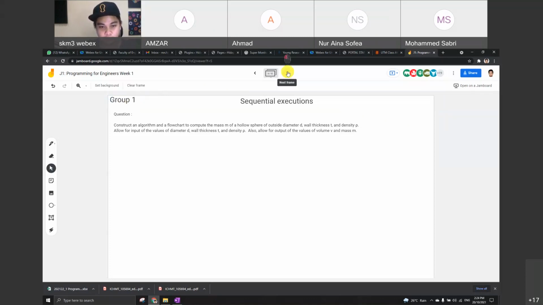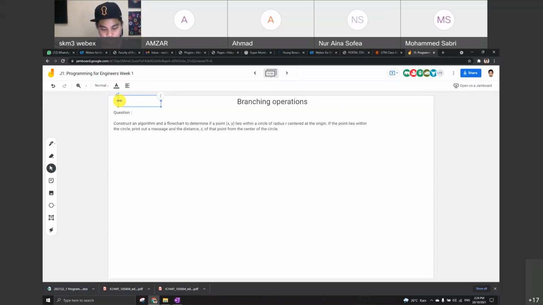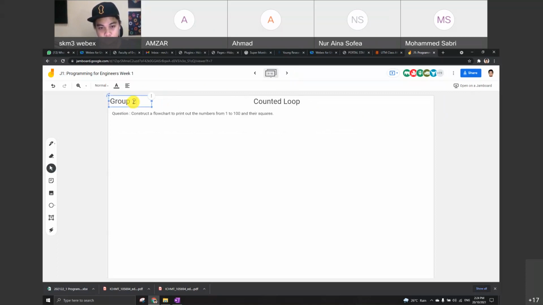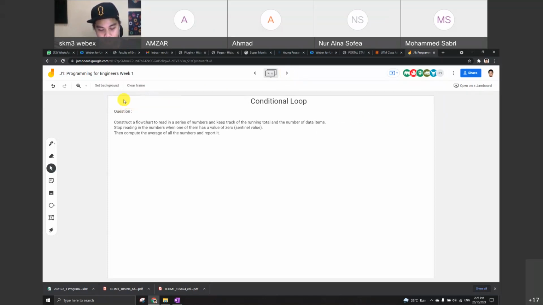This is group 1, this is group 2. For those who haven't got any group, please let me know. This is group number 3, and this is group number 4.